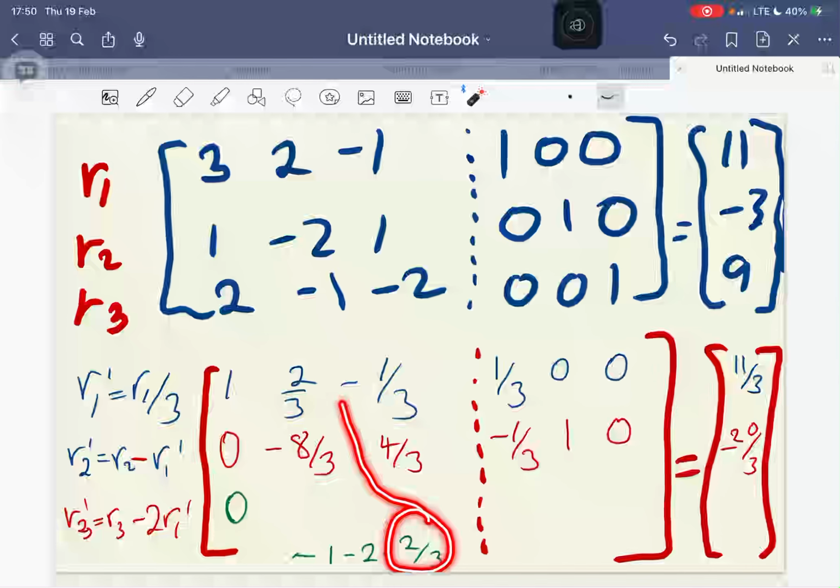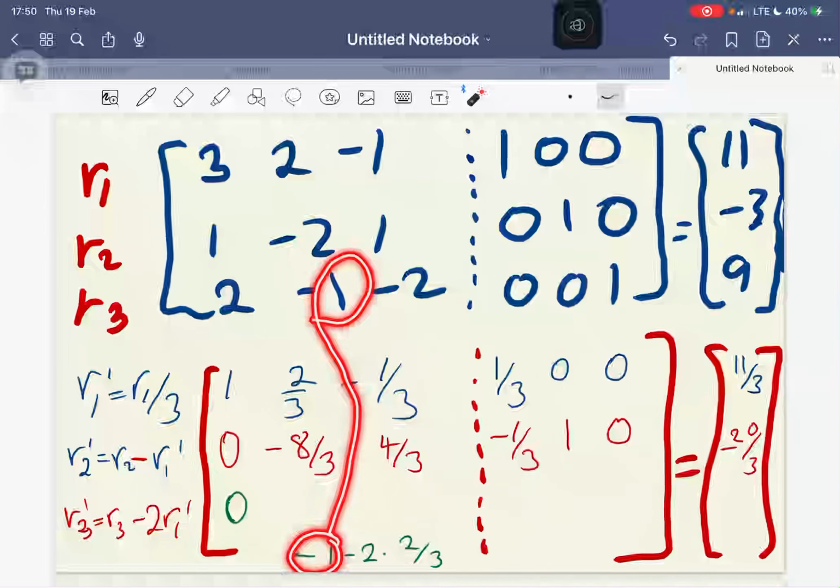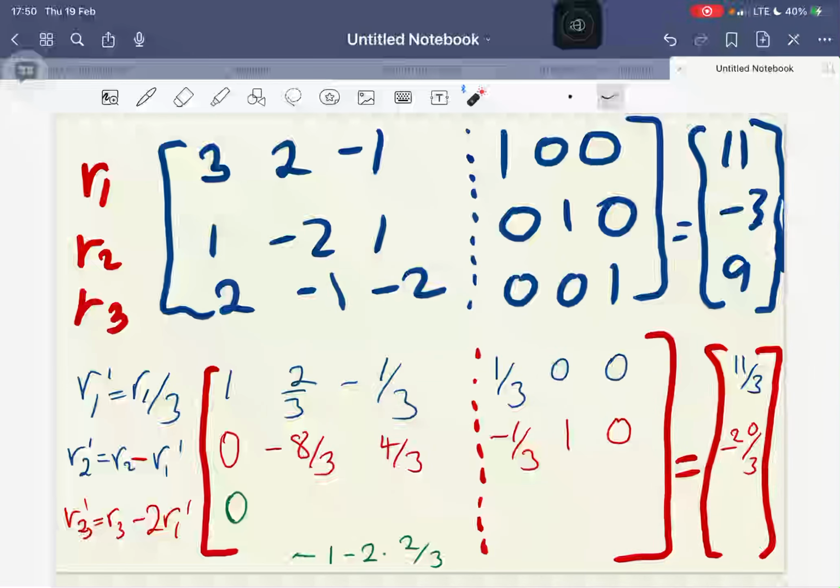This 2 over 3 is from here, and this minus 1 is from here, because that is our R1. So just simplify here. What we have here is minus 1 minus 4 over 3. Minus 1 minus 4 over 3 is going to give us minus 4 minus 3, which is minus 7 over 3. So we have minus 7 over 3.